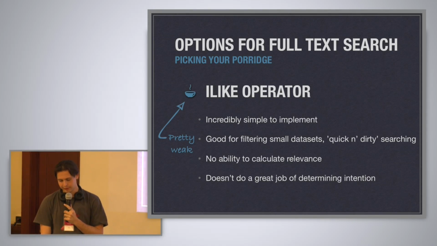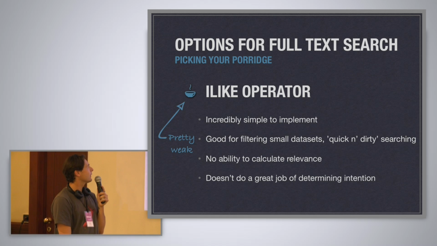For example, if we search for a phrase of 2 to 3 words, we're going to have to match the punctuation and the spelling exactly for a given document to return. Also, if we search for the plural of a word and a document has the singular in it, it's not going to return this. So it's pretty weak. It's pretty weak porridge.